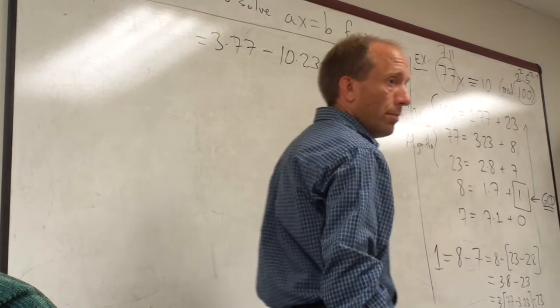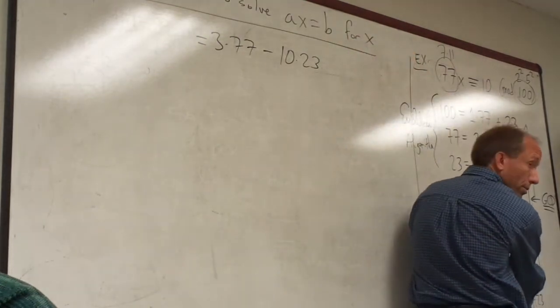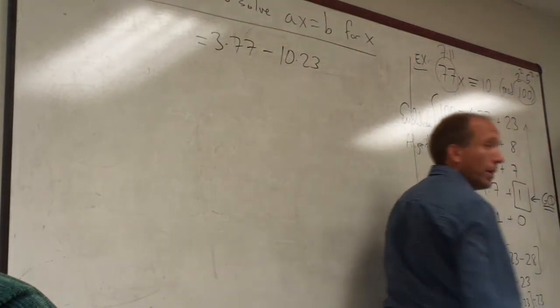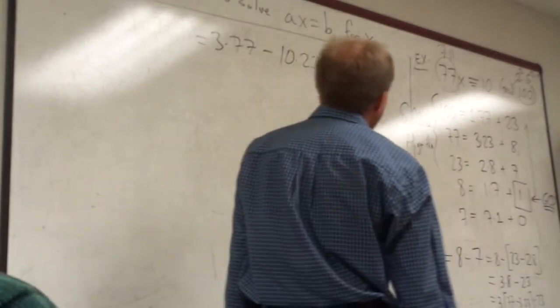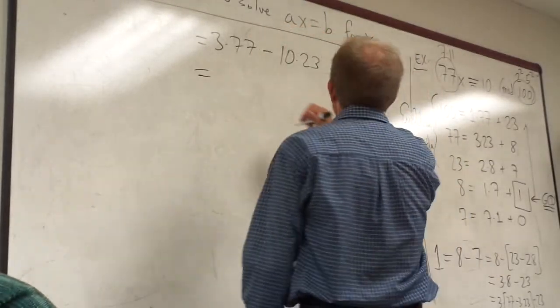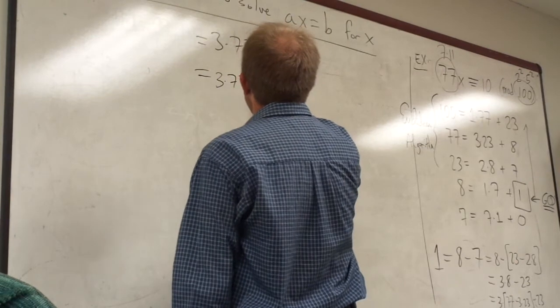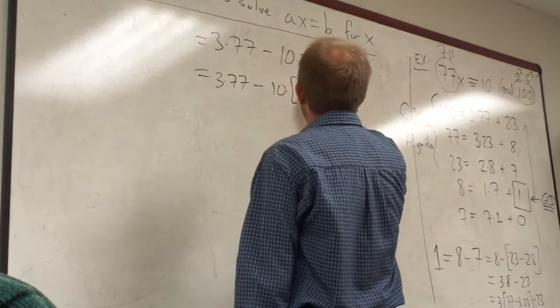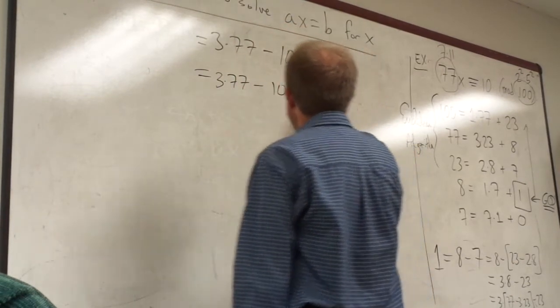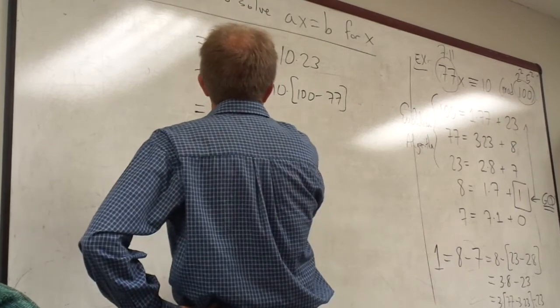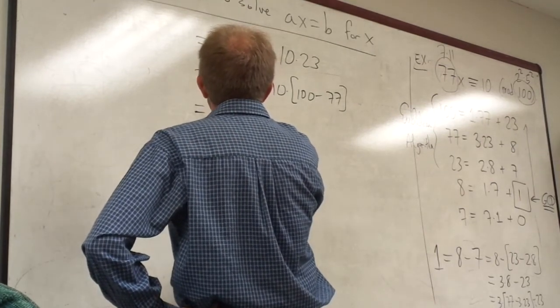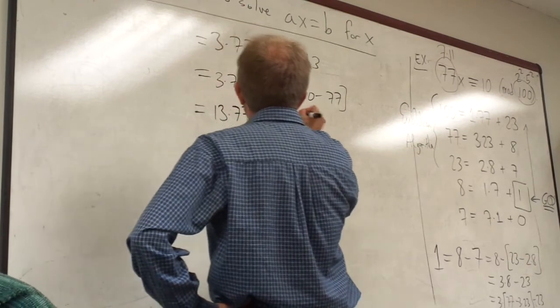And that's because there's 9 factors of 23, and then 1 more there. And they're all being subtracted. Then I take the 23 and I write it as 100 minus 77. And now this becomes 13 times 77 minus 10 times 100.